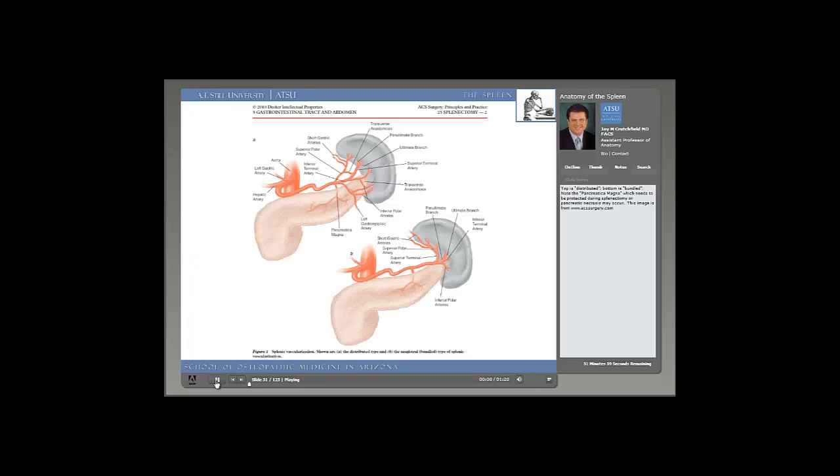Here we see the two different types of splenic artery anatomy. In the distributed splenic artery anatomy, we notice that the splenic artery is rather short compared to that of the bundled. The artery begins to branch much earlier and gives off a main artery to the pancreas, called the pancreatica magna.